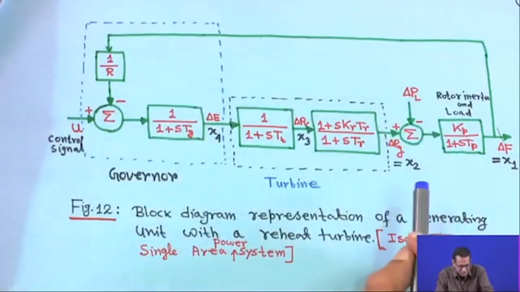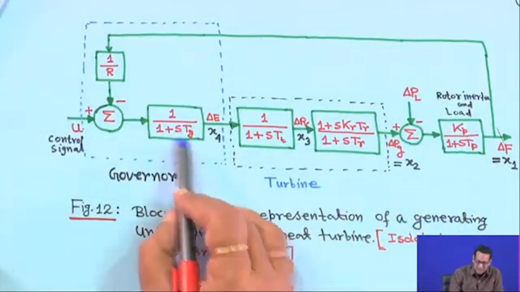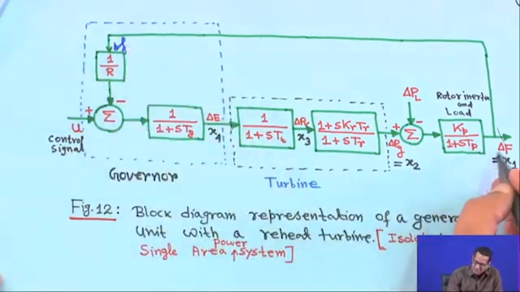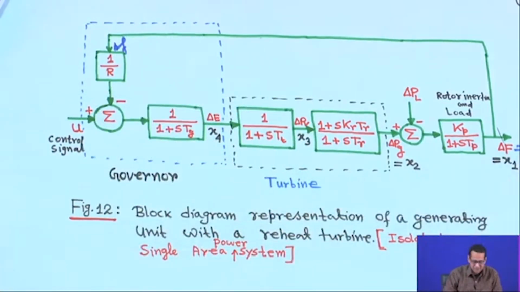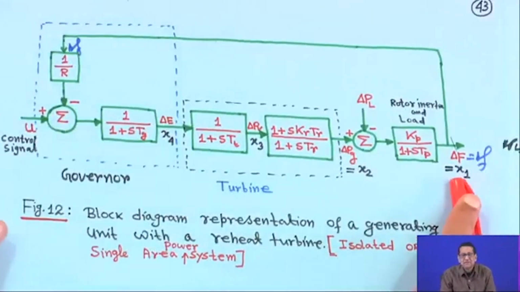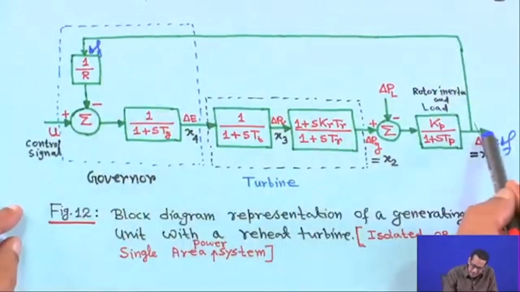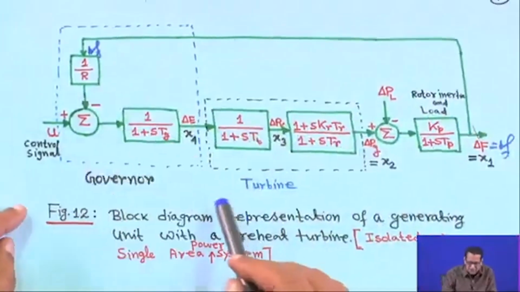This was clubbed together and its input was delta f. So this delta f is the same small delta f, coming from here. So, this is a closed loop system.